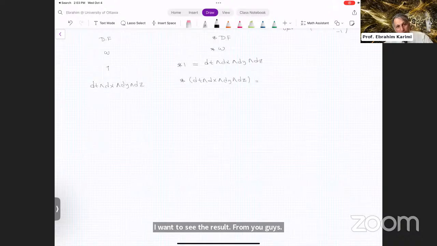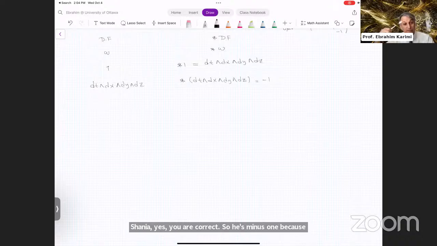Can you tell me what is the result of this? Are you sure? You have neglected the metric. Here, the metric is -1 and is not appearing on the other side. So the result of this is -1. That's the trick that I told you, that you have to be very careful. Yes, you are correct. So it's -1 because we have to pay attention to the metric as well.